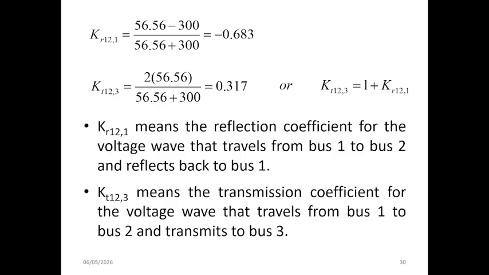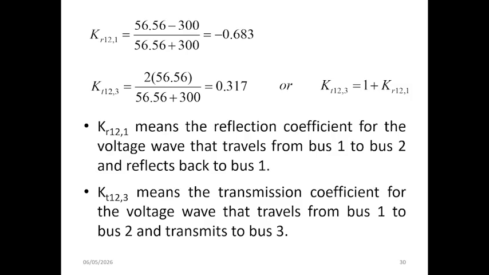By substituting the values, the result will be -0.683. The negative sign indicates that the reflected voltage wave changes its polarity when it returns from bus 2 back toward bus 1. This means that part of the incoming wave is reflected back with an opposite sign due to the large impedance difference between the two buses.